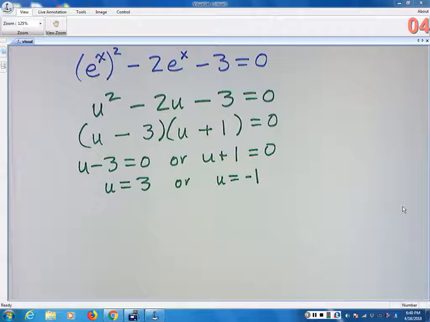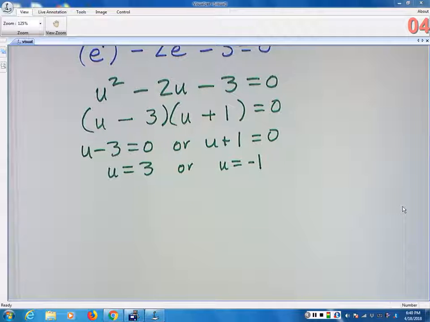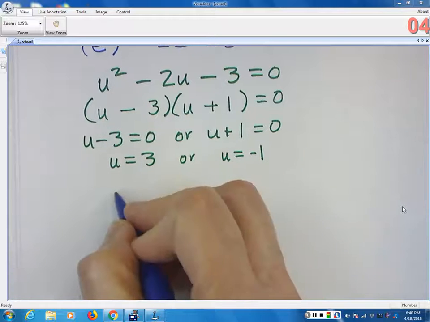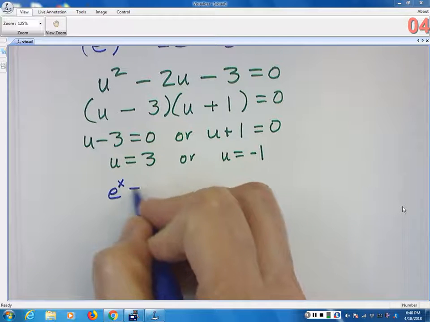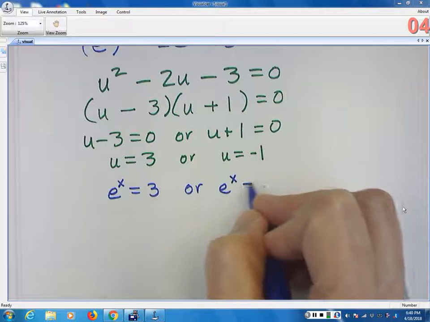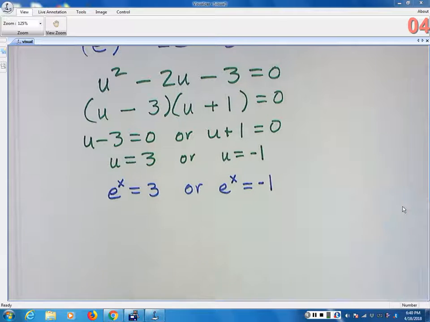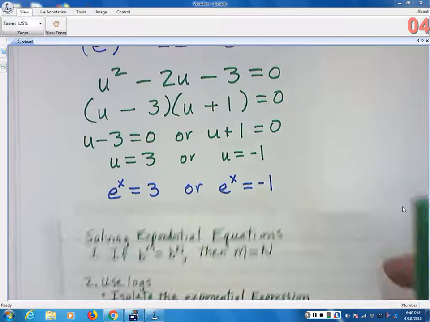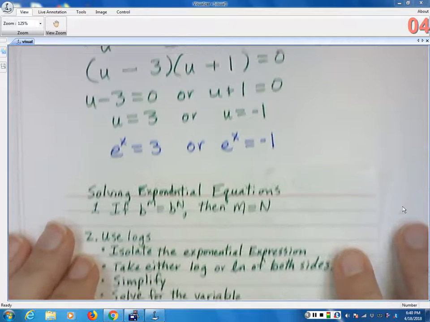Okay? Now we're going to remember what u was, because these are not our answers. u was e to the x, so we put e to the x equals 3, or e to the x equals negative 1. And now we're going to use logs to solve this exponential.